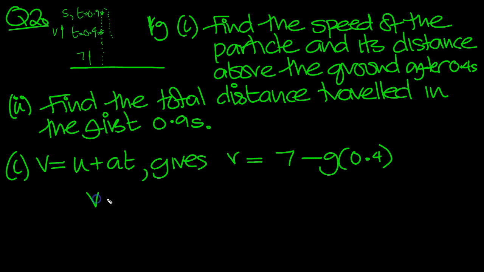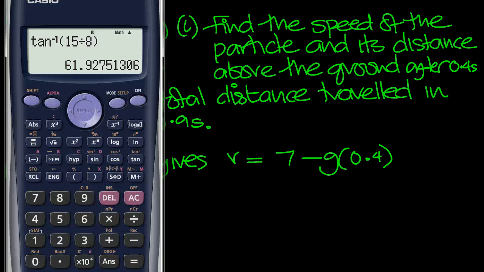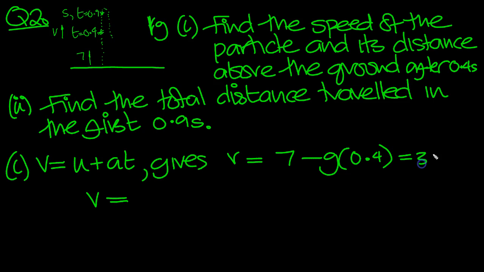So v, the velocity then at 0.4, is 7 minus 9.8 times 0.4, which is 3.08 meters per second. So there's our velocity then.